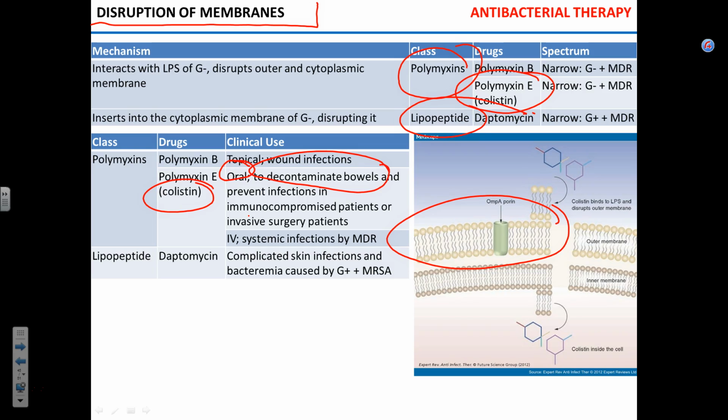It can be used IV for infections with multi-drug resistant bacteria. And daptomycin, the representative of the lipopeptide class, is used to treat MRSA.